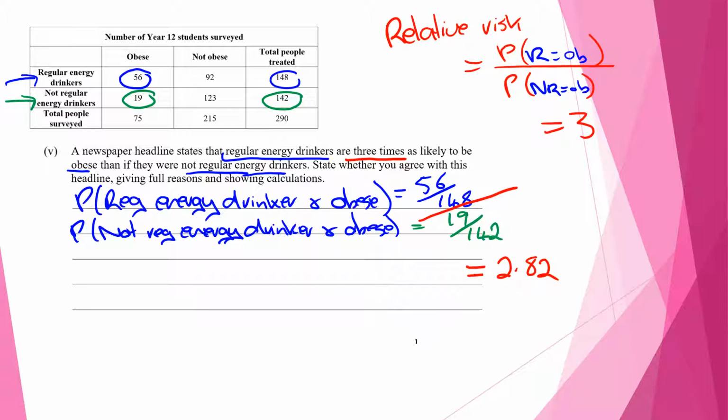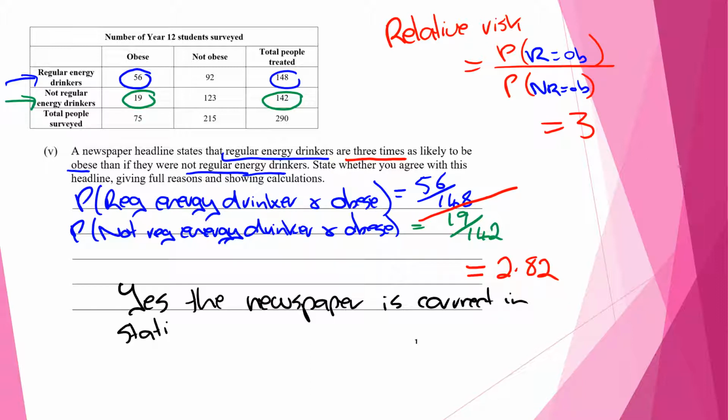So you could then justify the statement and say yes, the newspaper article is correct in saying 3 times, in stating this as the relative risk.